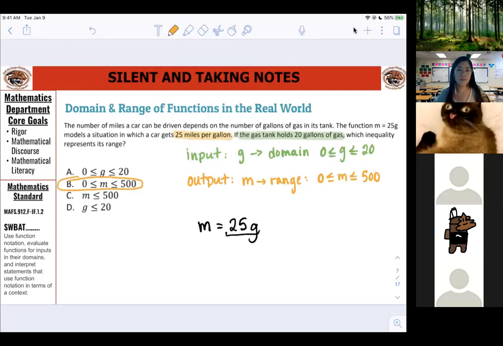How is G the input again? Okay, so G is the input because with input and output, especially in a real world problem, you always have to think about which one is affecting the other. So for example, in a car, I put in gas and I can drive more miles, right? The more gas I put in my car, the more miles I can drive. But you can't do that the other way around.